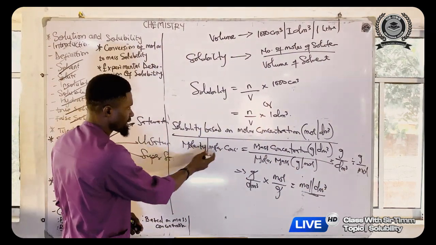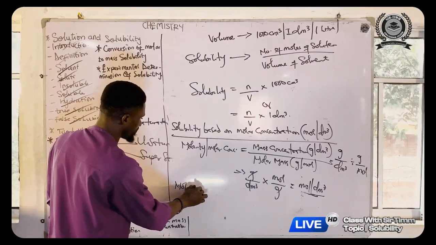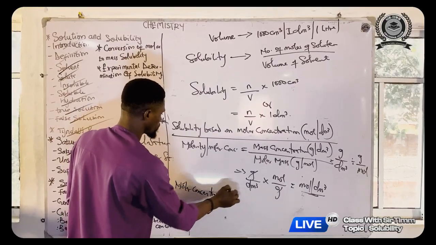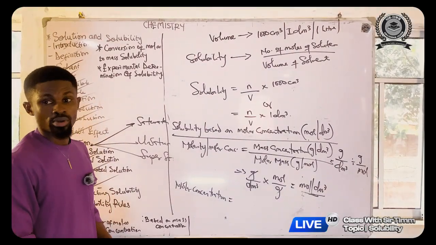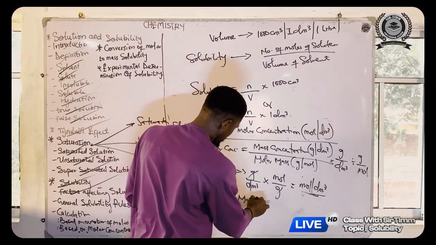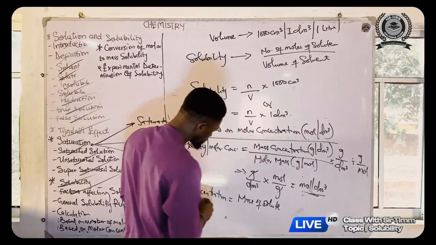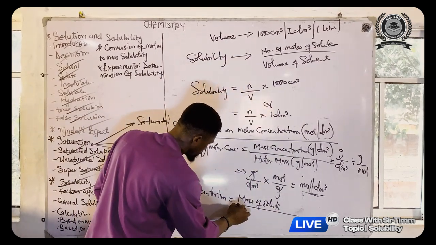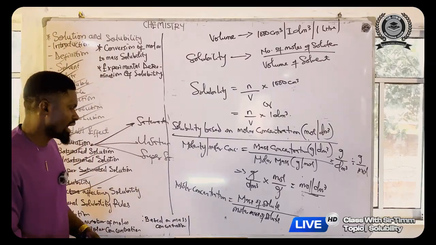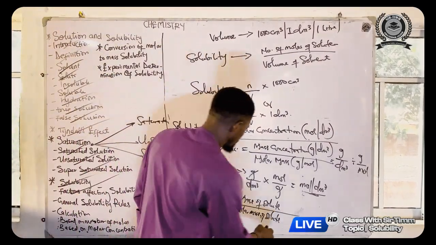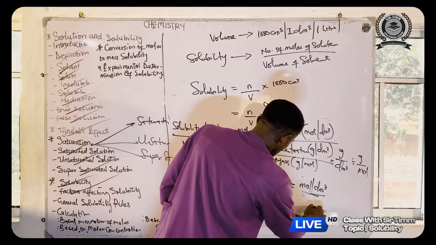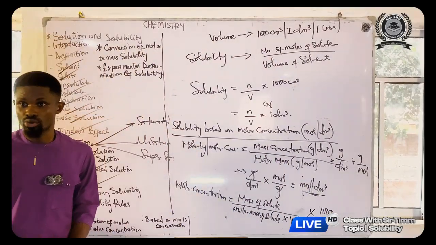Which other way can we write molar concentration? Let's check: it is equal to the mass of the solute over molar mass of the solute, times volume, of course times 1000 if the volume is in cm3.